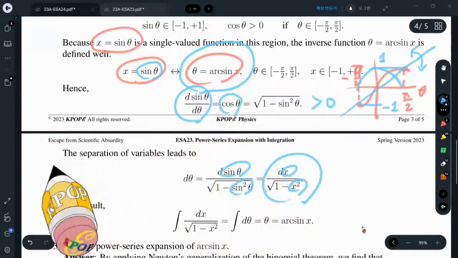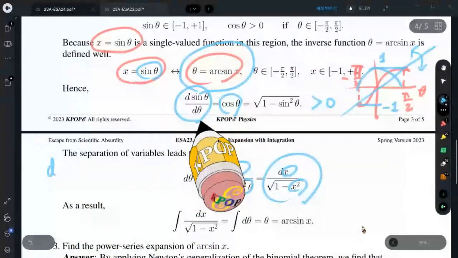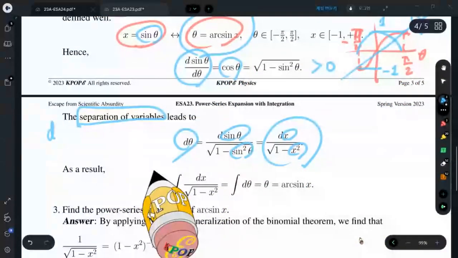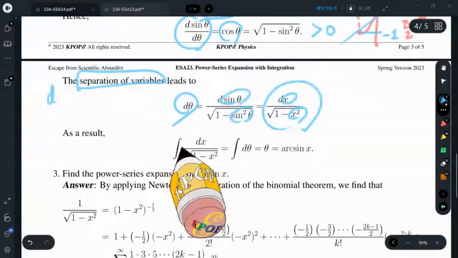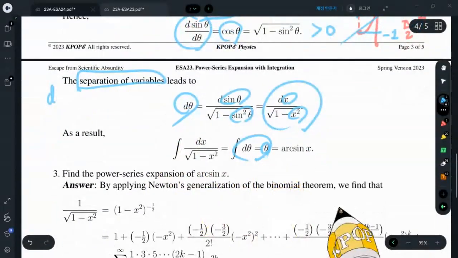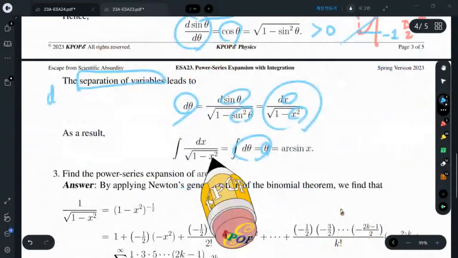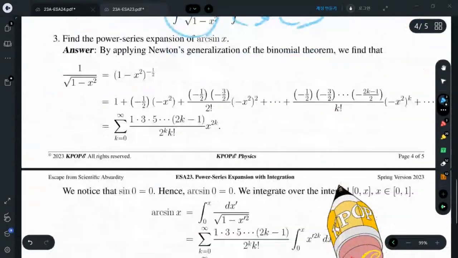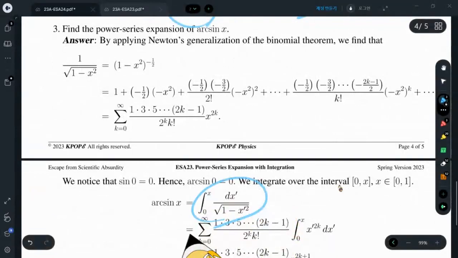And we have made a separation of variables. So the left-hand side becomes a trivial integral regarding theta. This is trivially theta. And what is theta? Theta is arcsine. Therefore, this integral is arcsine of x. We make use of this to find the numerical value of this integral.